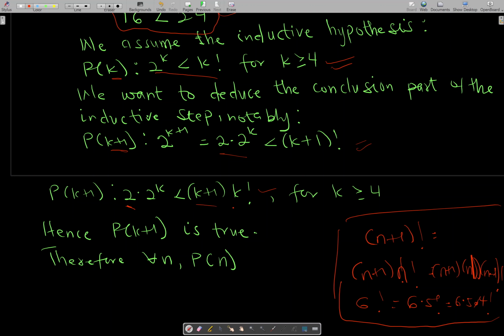When you choose 4 for k, you have 4 + 1, which is 5, and clearly 5 is greater than 2. Since 2ᵏ is less than k factorial, and 2 is less than k + 1, then 2^(k+1) is less than (k+1) times k factorial, and therefore P(k+1) is also true.